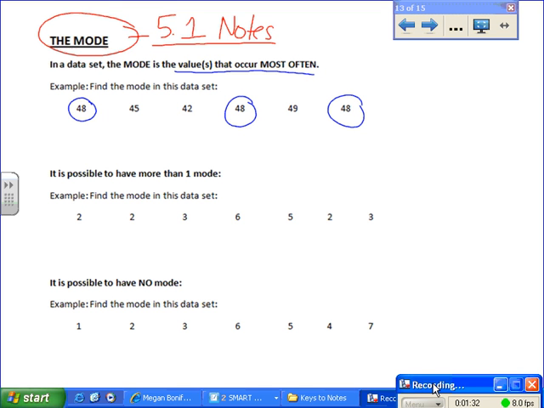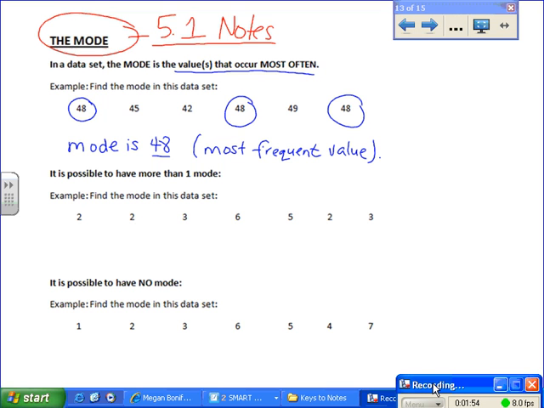So we say 48 is the most common value, so it's also the mode. The mode is 48. It's the most frequent value. That's even a better word than the most common, although they're pretty similar.